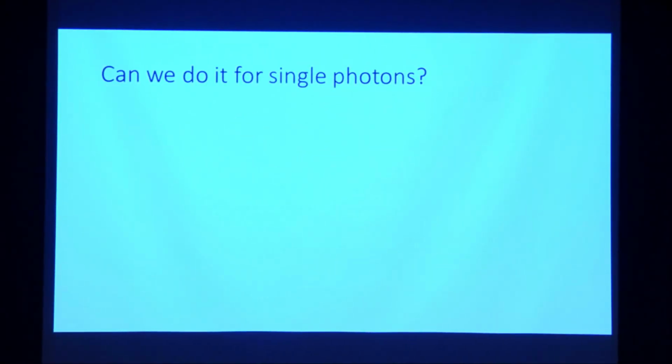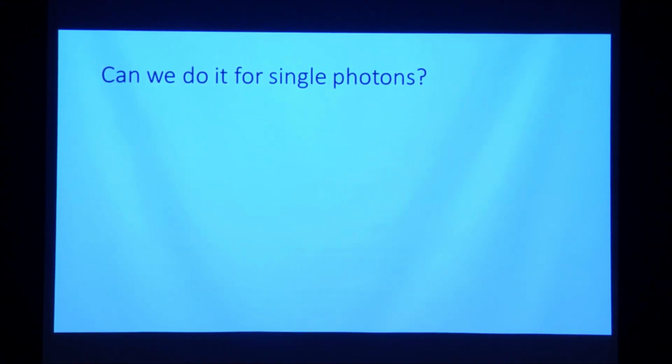Okay, so now the question: can we do it with single photons? Because as explained before, the data was gathered from many photons together and then we did some Fourier transform in time. But now we want to do it with a single photon. With single photons, we cannot take many photons and then Fourier transform them back.